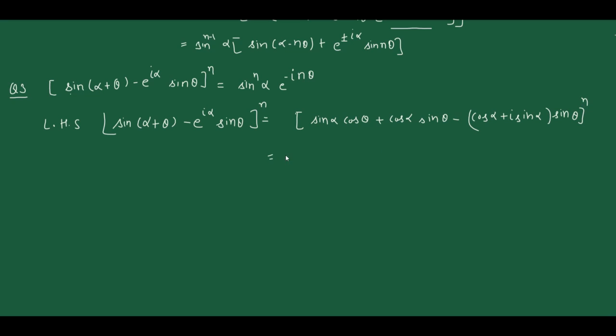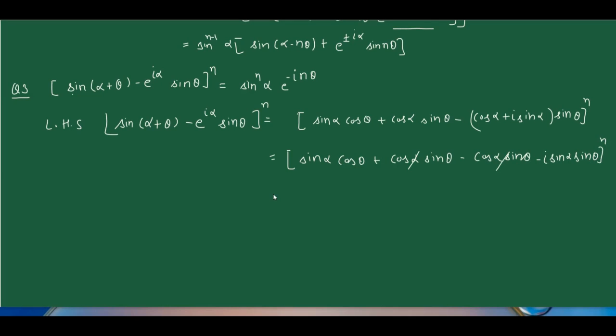Now open the quantity in the square bracket, sin alpha cos theta plus cos alpha sin theta minus cos alpha sin theta minus iota sin alpha sin theta, raised to power n. Now you can take sin alpha outside.